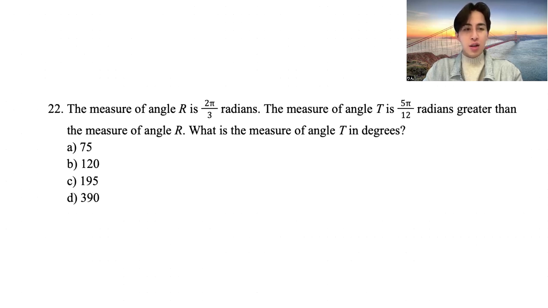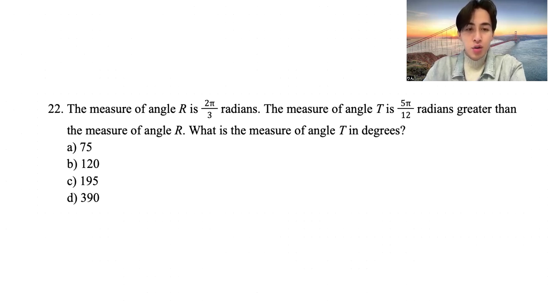And let's go on to the last one, question number 22. The measure of angle R is 2 pi over 3 radians. The measure of angle T is 5 pi over 12 radians greater than the measure of angle R. What is the measure of angle T in degrees?